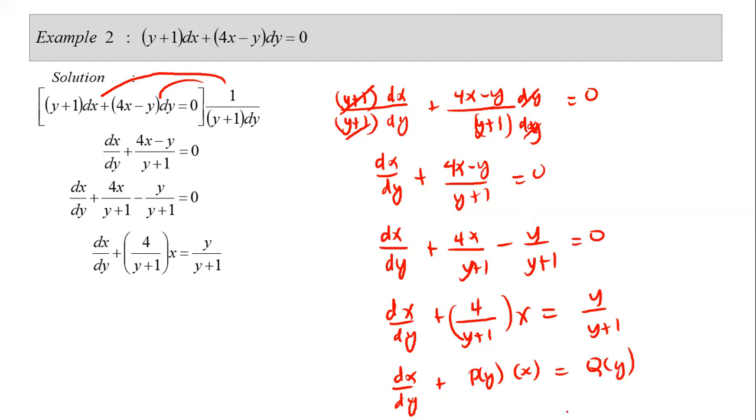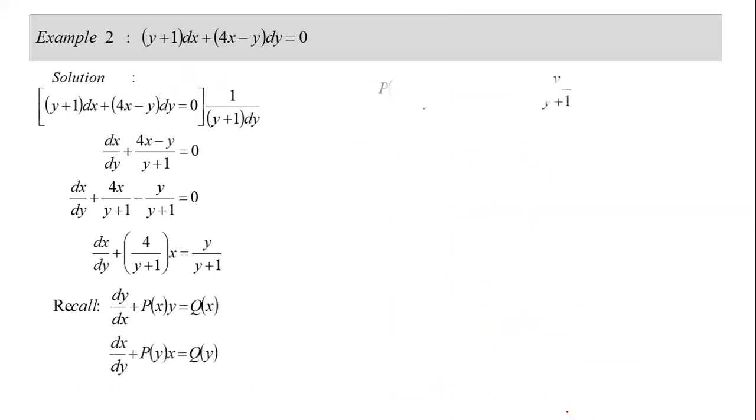All right. So this means that our p of y is 4 all over y plus 1, and our q of y is y all over y plus 1. Okay. So this is a linear differential equation in terms of the dependent variable x.